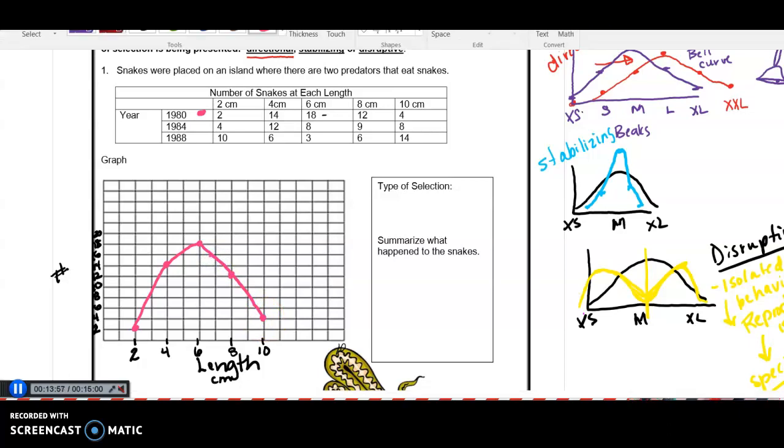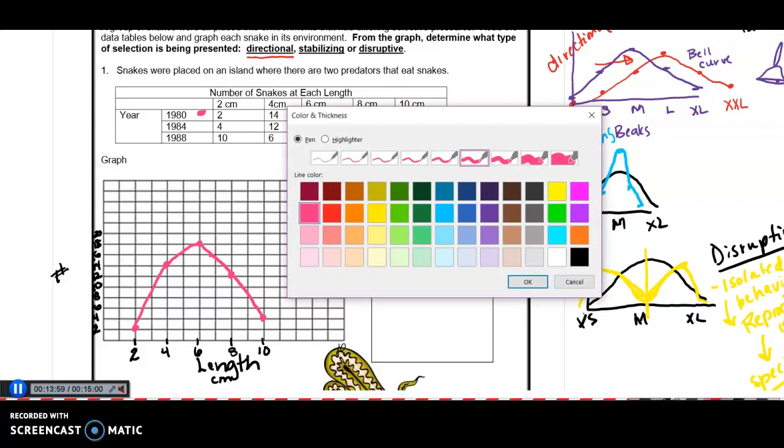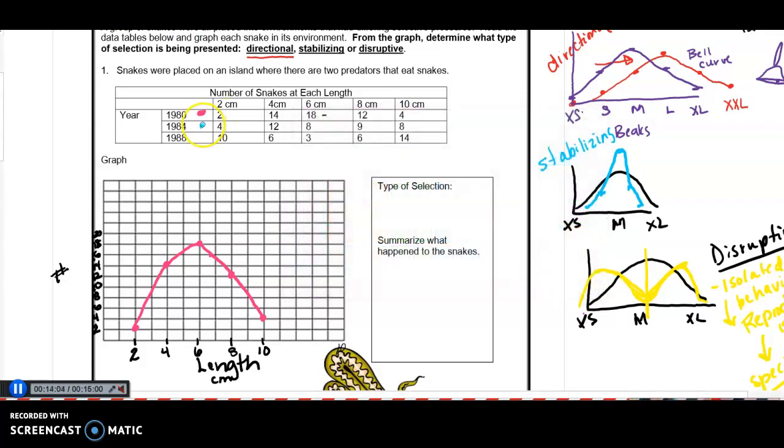Now, let's see what happens to it. Does it shift? So now we're going to do 1984. At 2, there were 4. And there were 12. At 6, there were 8. And then at 8, there were 9.